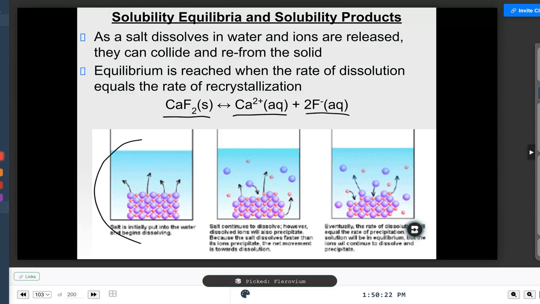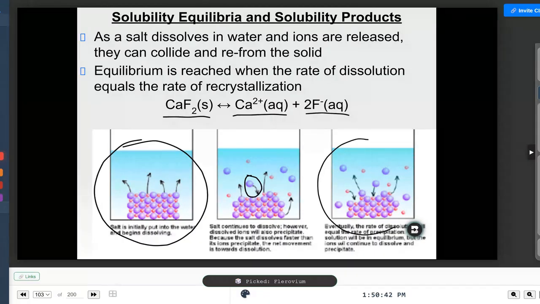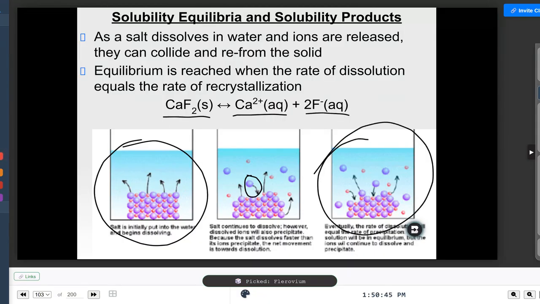In a pictorial format, we start with a bunch of little crystals at the bottom and they start to dissolve, and water basically is coming at them and pulling them into the solution. Eventually, you might get to a point where some of those particles of the aqueous component are coming back into making the crystal. And eventually, after that, you're going to get to a point where you've reached equilibrium, where you have an equal number of particles that are going out into solution as you do going back into the crystal.